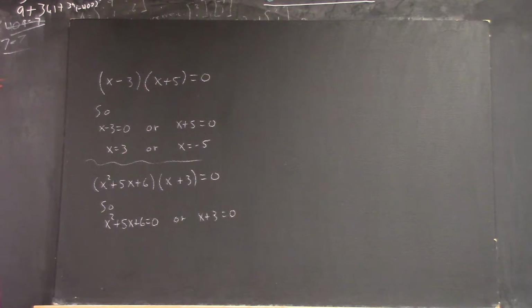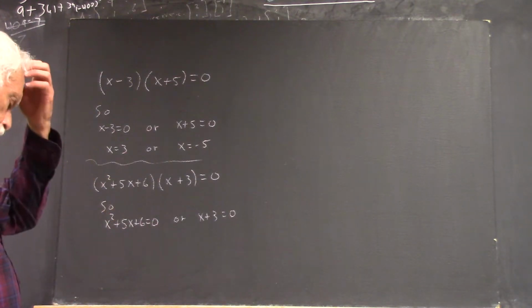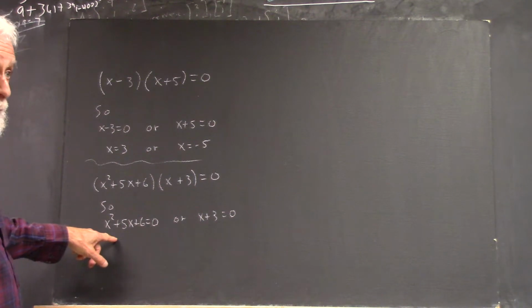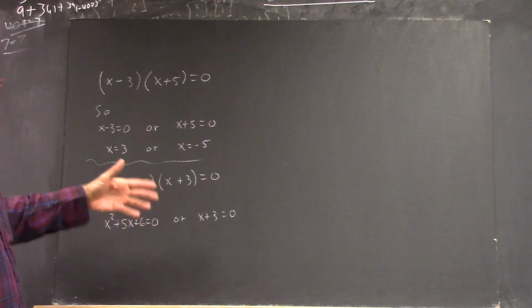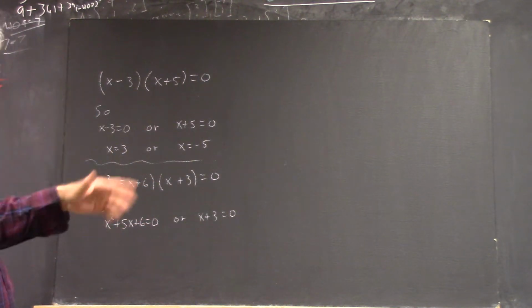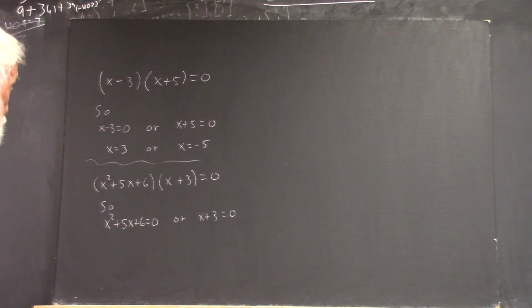Right? Okay? And we know how to solve this, right? Factor it or use the quadratic formula. This one factors, okay? And I'm not going to go through that. We've been through the quadratic formula, so assume you know factoring.